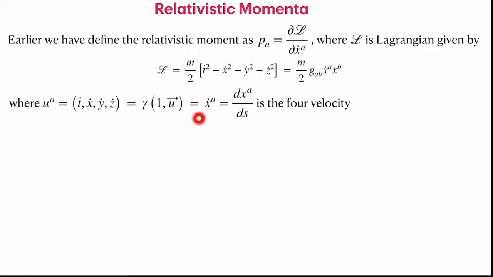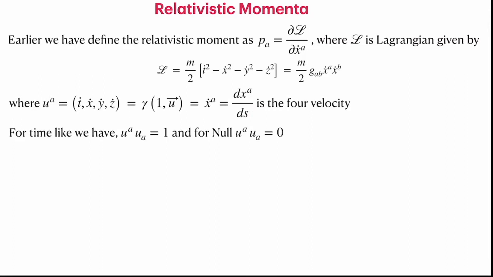We also have another notation ẋ^A, which is a shorthand for dx^A/ds. Here ds could be the arc length parameter, and this is what we call the four-velocity. For time-like trajectories, we normalize the four-velocity, that is U·U is equal to 1. But for null, we have U·U equal to 0, that is along which light propagates.